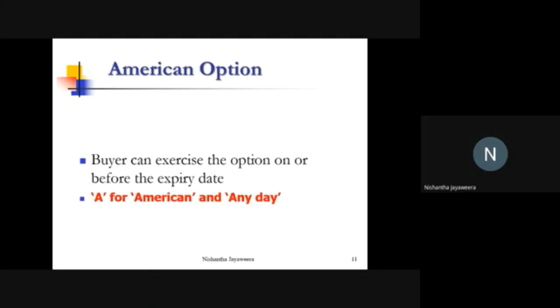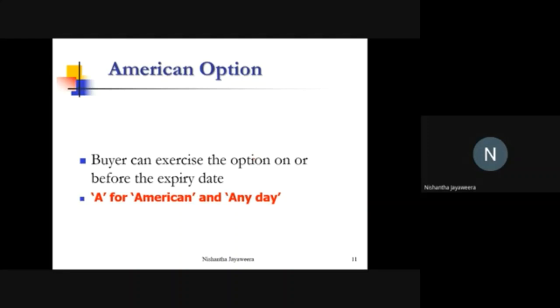We are going to discuss two more names, American and European. That's the classification based on the time when the buyer can exercise his right. Depending on that time period, we classify options into American style options or European style options.